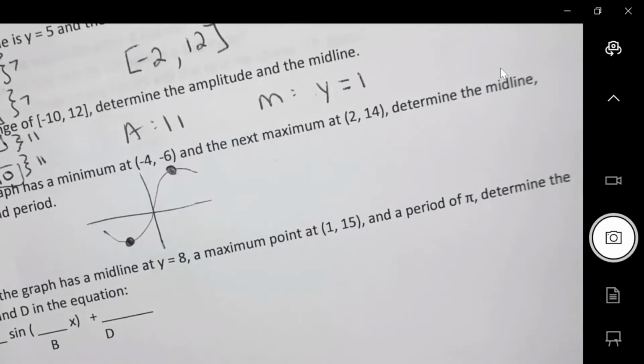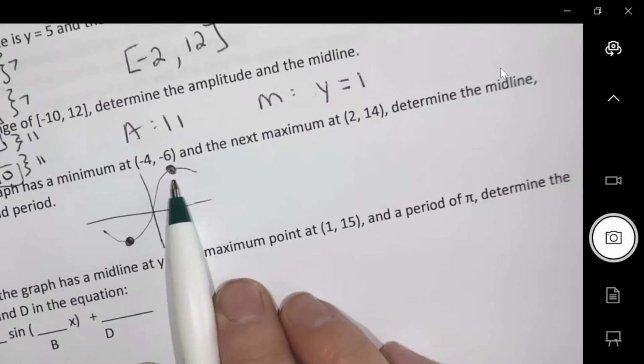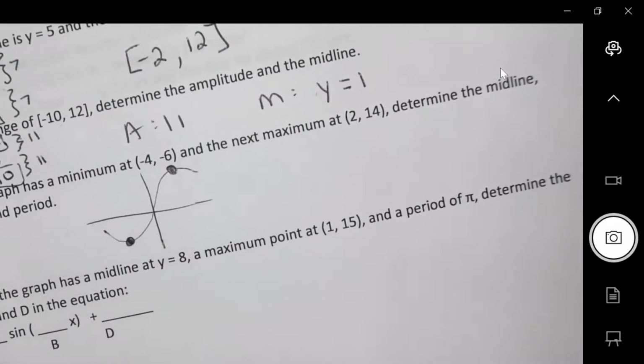I'm a visual person, so you don't have to draw, but I'm a visual person. So I had a minimum, and then I went to the next maximum. Okay, we have to get all the things. Midline, amplitude.